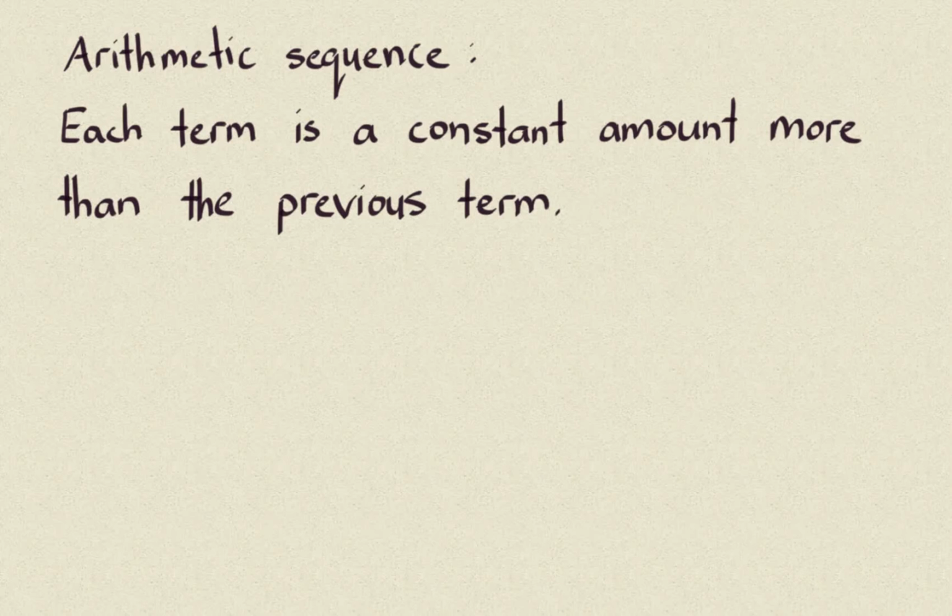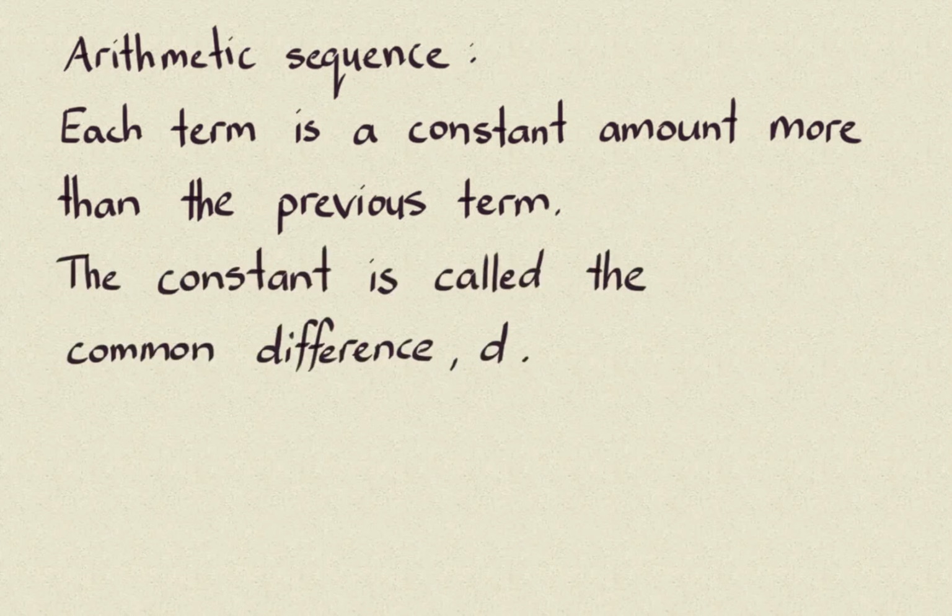In an arithmetic sequence, each term is a constant amount more than the previous term. And this constant is called the common difference, D. So we use the letter D to represent this common difference or constant amount that is between each term.